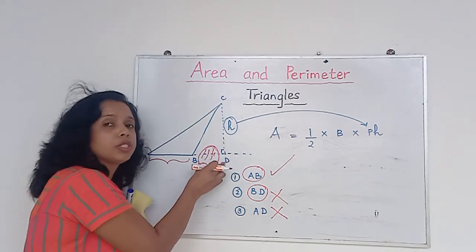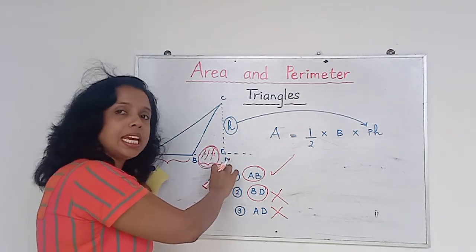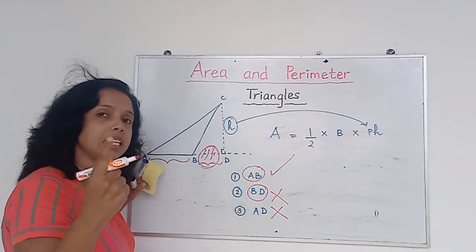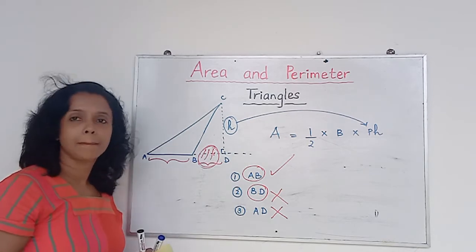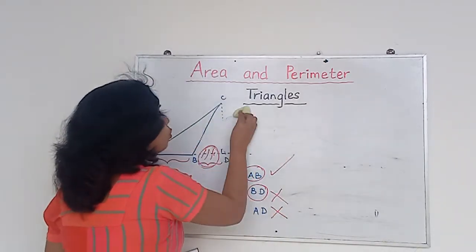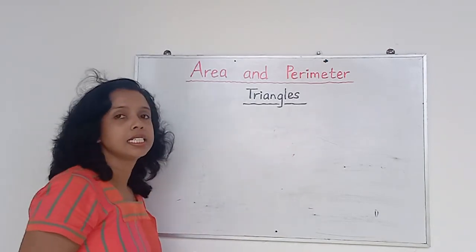So if you can't use BD, that means you can't use AD too, because AD is AB plus BD, right? So the correct length you can use is AB. Okay, right. So this is how you find the area of a triangle.